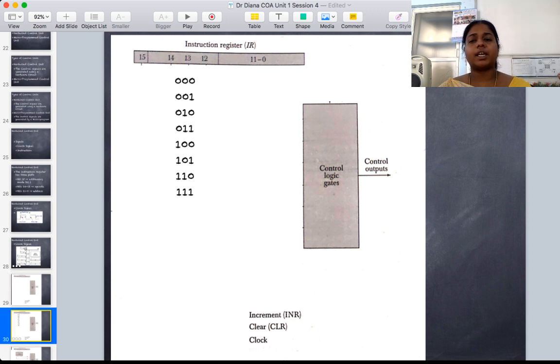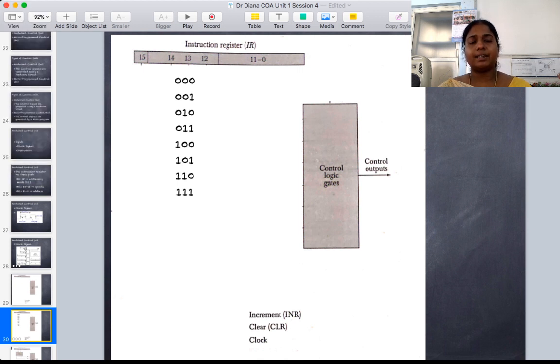These 3 bits can take 8 different values, or these 3 bits can indicate 8 different operations to be performed. So it can be 000, 001, 010, 011, 100, 101, 110 and 111.